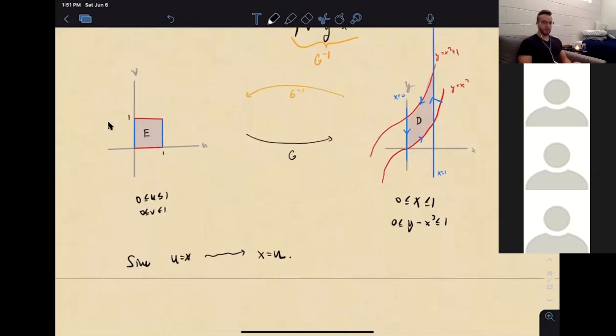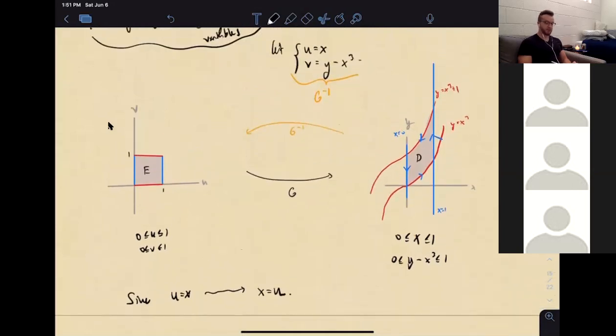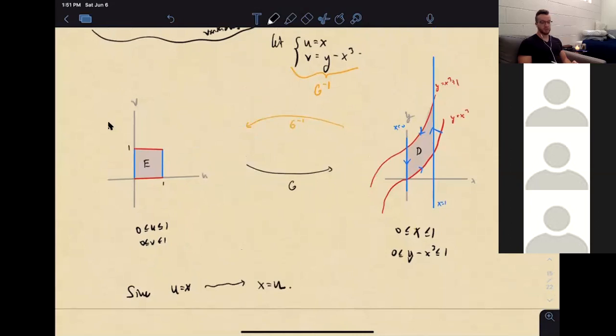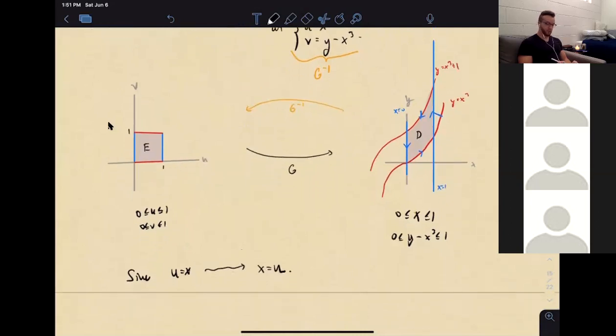So I've solved for X in terms of U and V, and I also need to solve for Y in terms of U and V. So what I could do is look at my other equation and solve for Y. This tells me that Y is V plus X cubed.